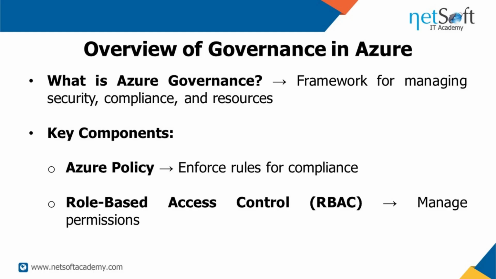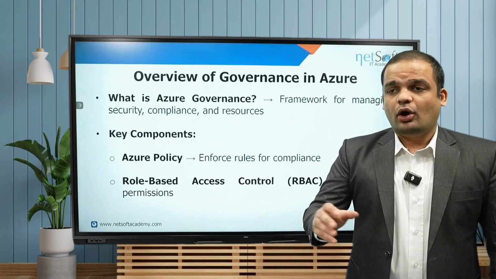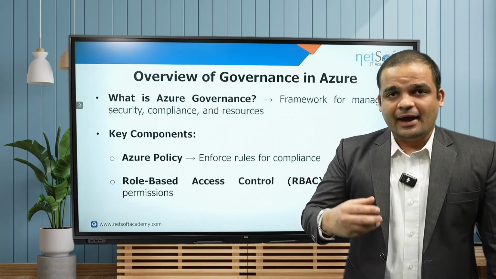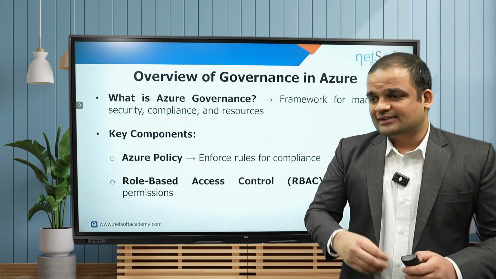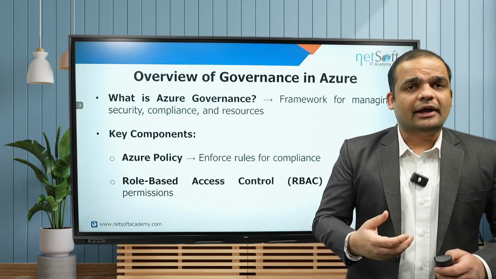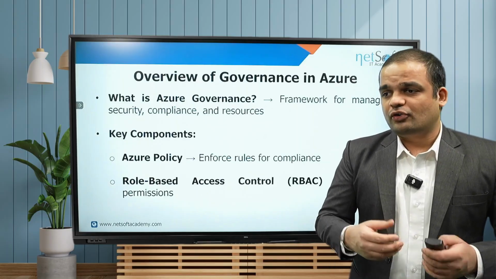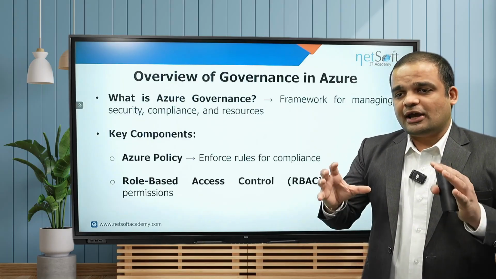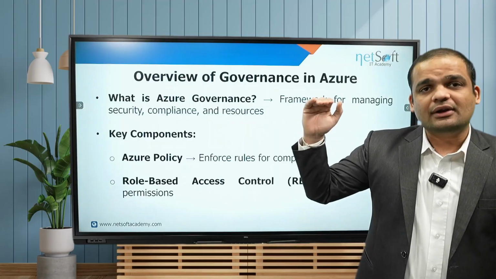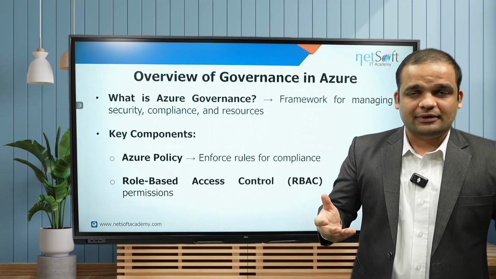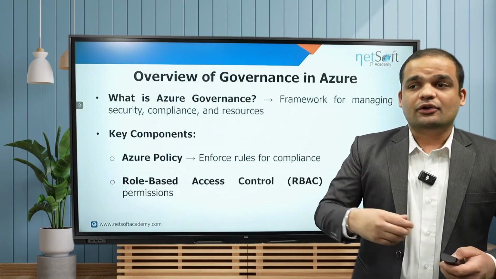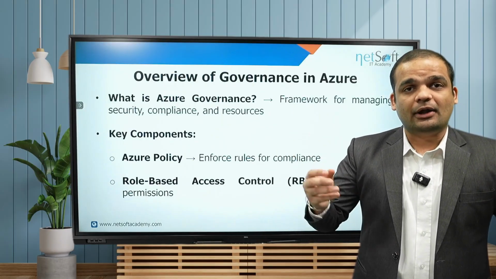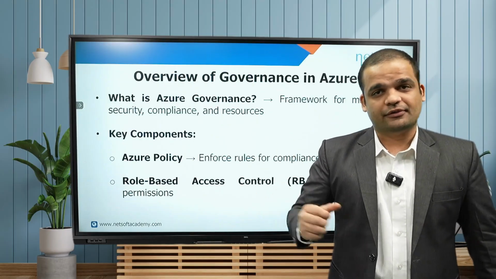Policies can be set to automatically enforce, or they can also be manually triggered. Policies will make sure that certain actions, like restricting resource type or resource location, are enforced at different levels of your scope. That is, your subscription level, management group level, resource group level, or you can even apply policy right on the resource.